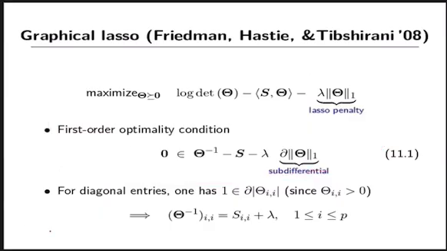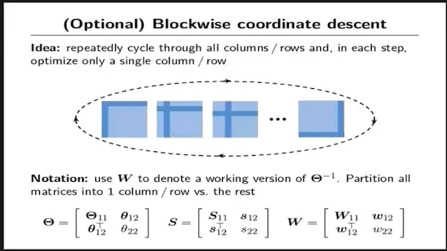Because of that, we use an approach where we extract a column and update that column. When we update the column, we fix the other columns. Please pay attention, the approach is what we call the blockwise coordinate descent.